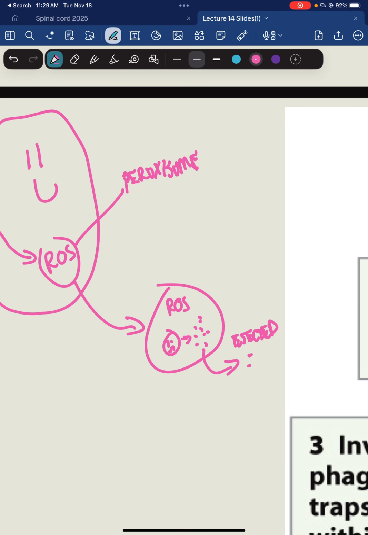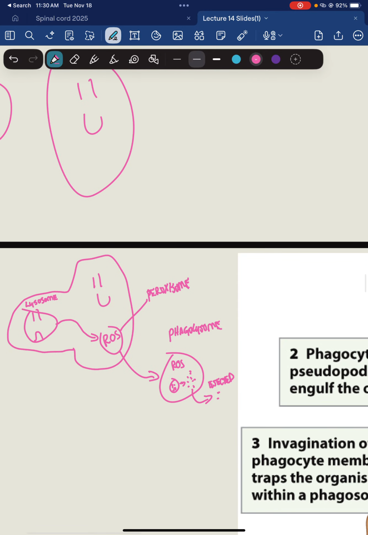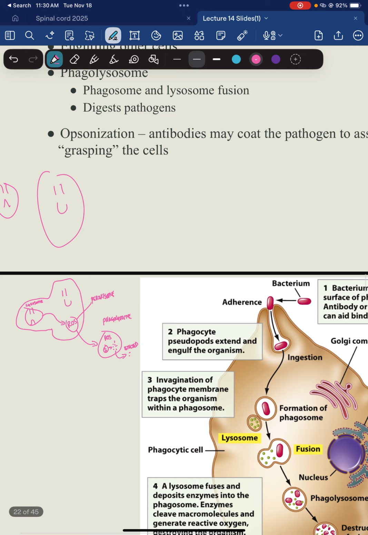So this is primarily, we're going to call this a neutrophil, just for the sake of this drawing. So neutrophil gets to the site of the infection. We find some bacteria cells, we eat those cells, we digest those cells after we kill them, and then we can spit out all the pieces of the cells. So the cells are no longer a threat to us. However, that also releases some of these toxic byproducts.